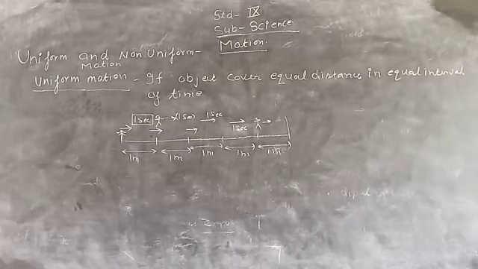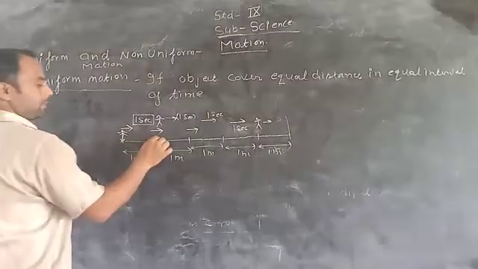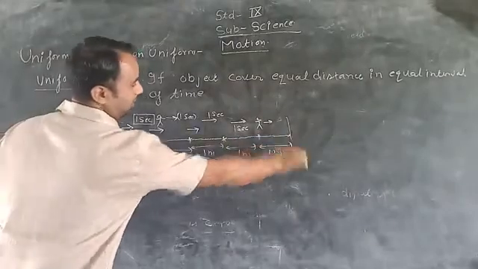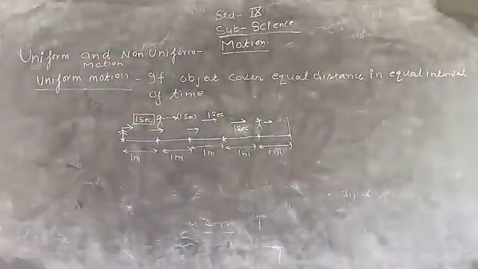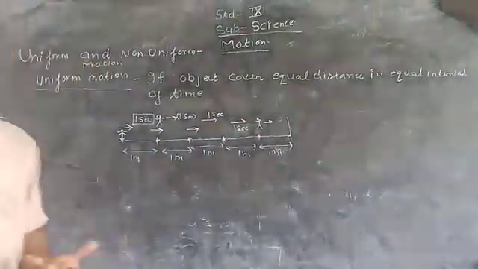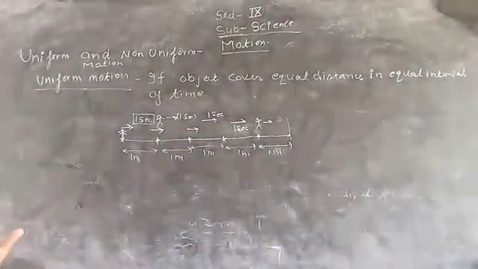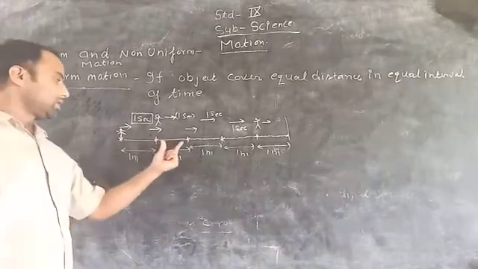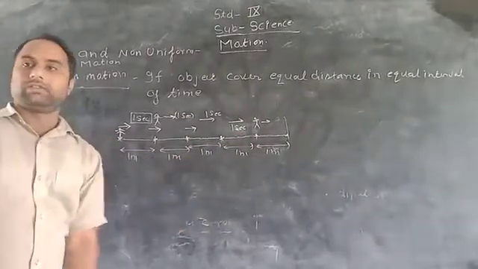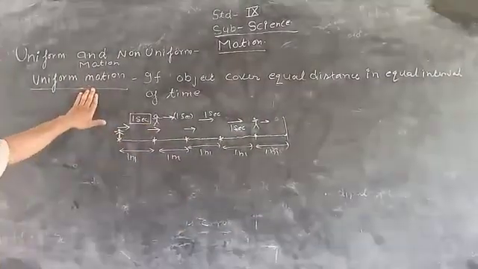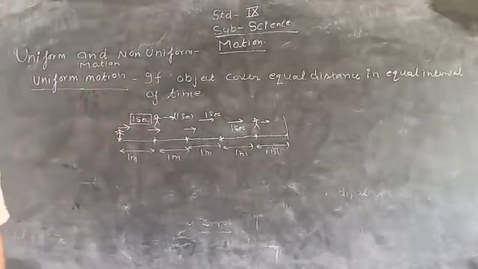Here we conclude that these are the 5 intervals, the 5 gaps. All the gaps are equal separations and this particle covers equal distance in equal intervals of time, so this type of motion is called uniform motion.